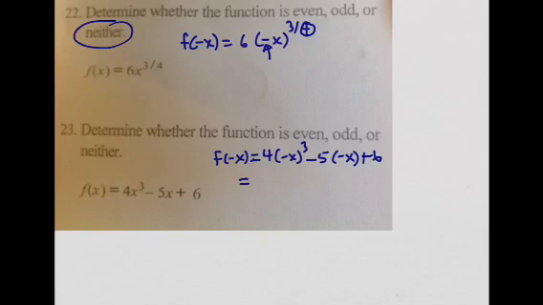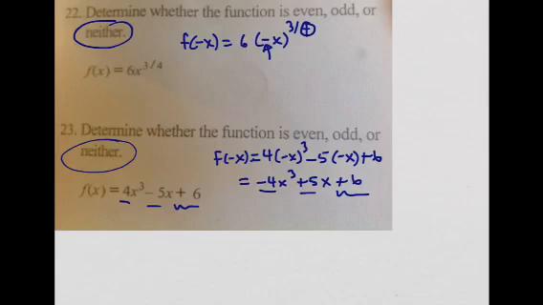So this gives you negative 4x cubed plus 5x plus 6. So you compare the original with the new function. Notice opposite, opposite, opposite, opposite, not opposite, because they're exactly the same. So this one's neither.